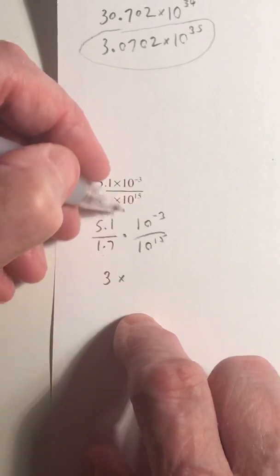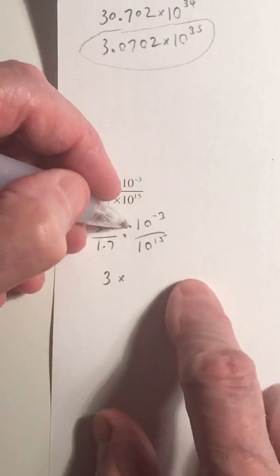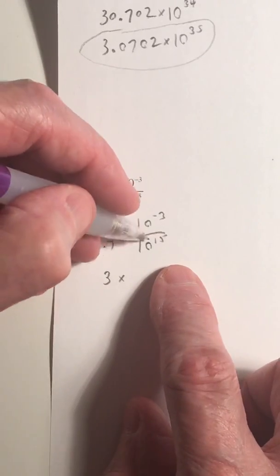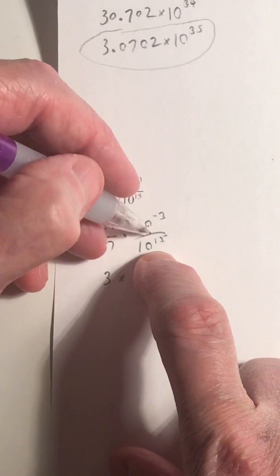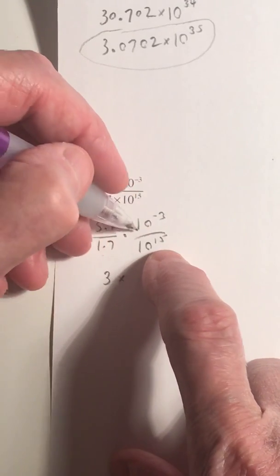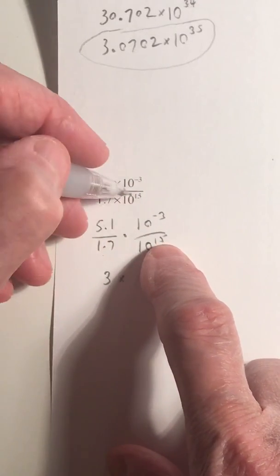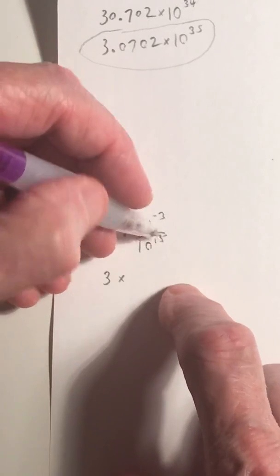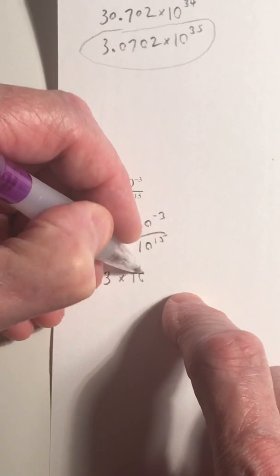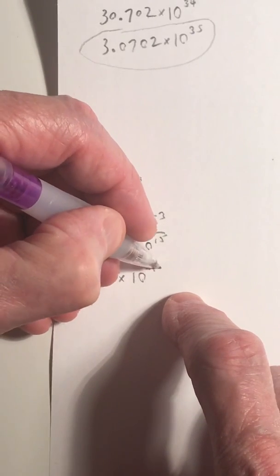times 10 to the, now what power of 10 do we have here? We don't want a fraction, so even though the bigger power is in the bottom, we're not going to do this the way we simplified fractions. We're shooting for something different here, scientific notation. So we're going to say this is 10 to the negative 3, take away 15 is negative 18.